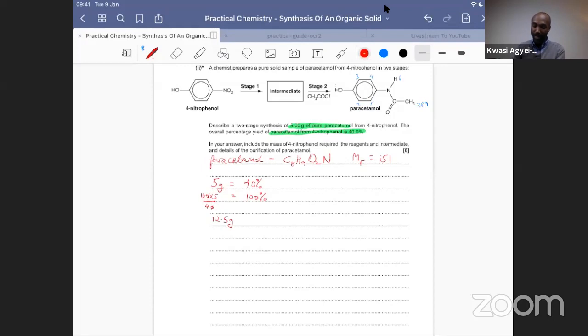Now, if we work out how many moles 12.5 grams is, 12.5 grams divided by 151.